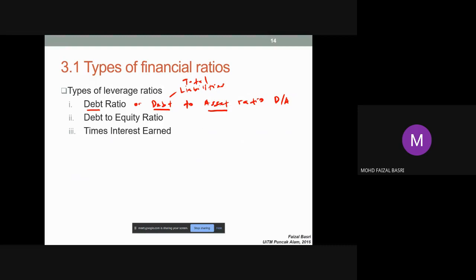If debt to assets is debt divided by assets, then debt to equity means the formula is debt divided by equity. Very straightforward, from the name of the ratio, it shows us the formula. And lastly, we have times interest earned. But anyway, let's go one by one.